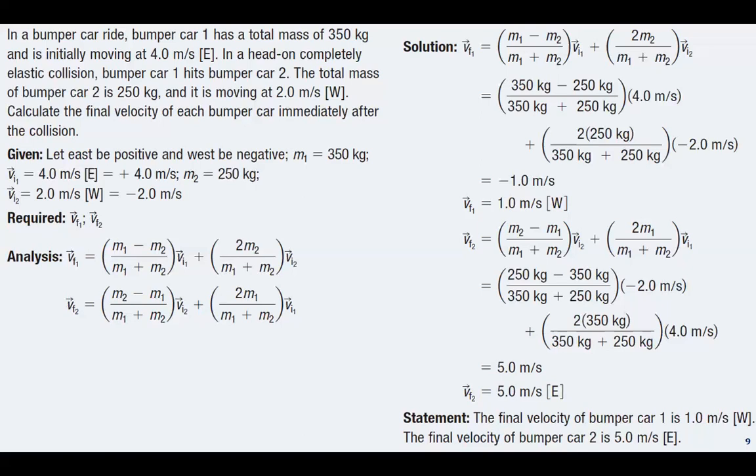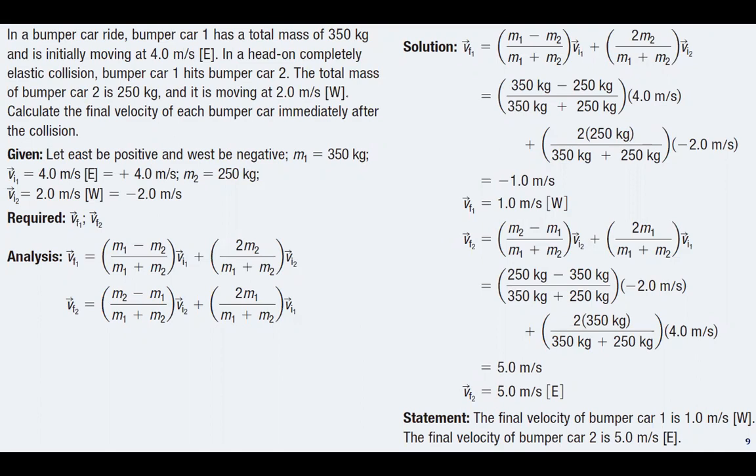The final velocity for car 1 is negative 1.0 meters per second. The negative symbol here indicates the direction is to the west. Again, we can do the same thing for the final velocity for car 2, and that's 5.0 meters per second.